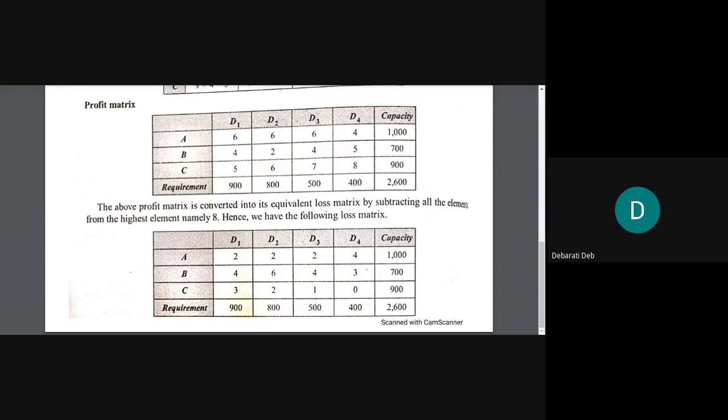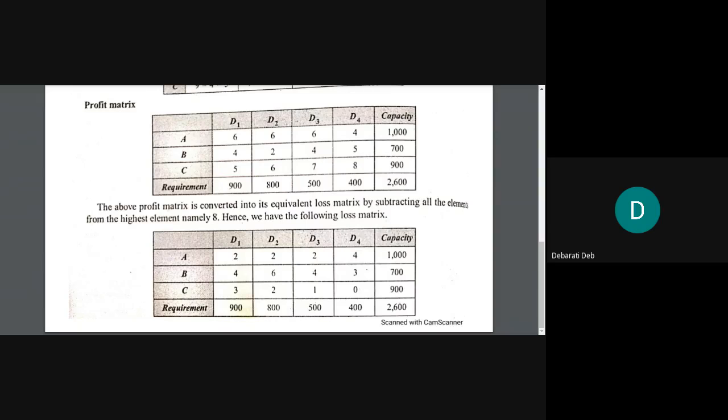Okay, the rule is, once you get a profit matrix, you have to find an equivalent loss matrix also. Otherwise, you won't be able to apply the rules: least cost, northwest corner, then VAM, because those all deal with expenses.